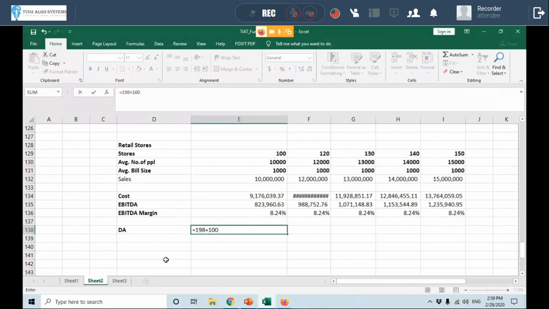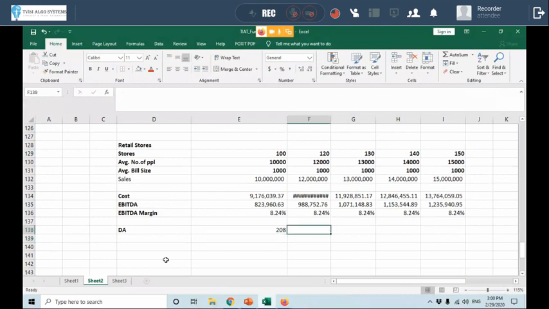My capex increase was 100, and depreciation is say 10%, so 10 crores. 198 is my current year depreciation, plus 10. My additional capex is 100 crores, and on that I am charging 10% depreciation. So this is my new depreciation.